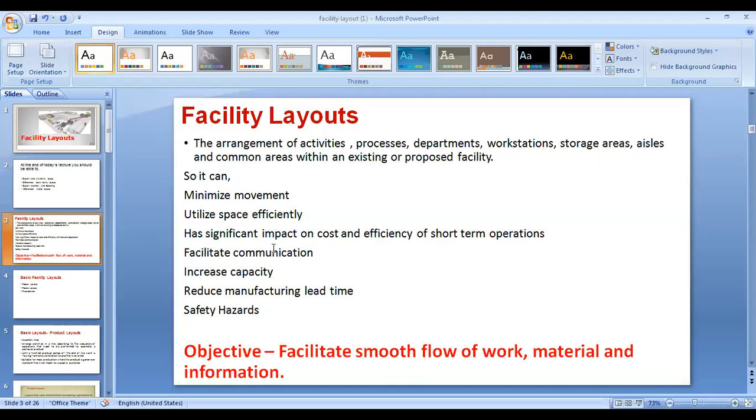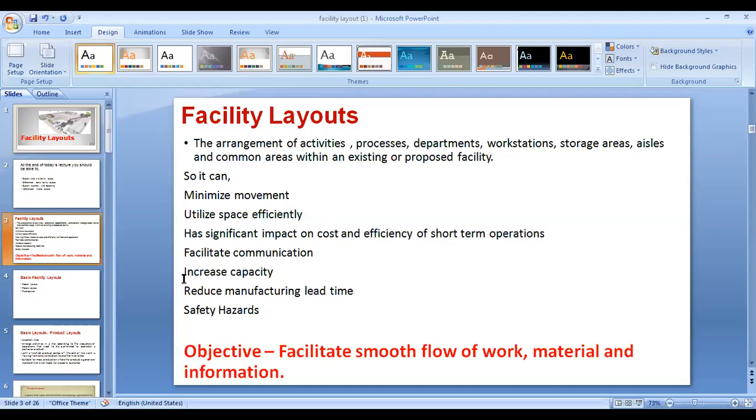If it is arranged in such a way, that means facility layouts facilitate communication. But if you have not been mindful of the facility layout, the employees might not be in a position to communicate the issues that they are having in their operations in a free manner. They need to have technology in order to communicate.